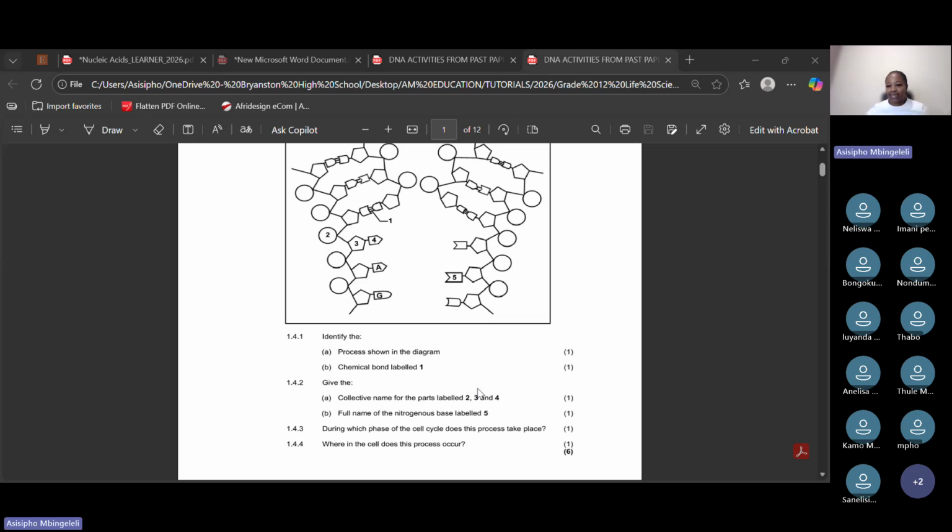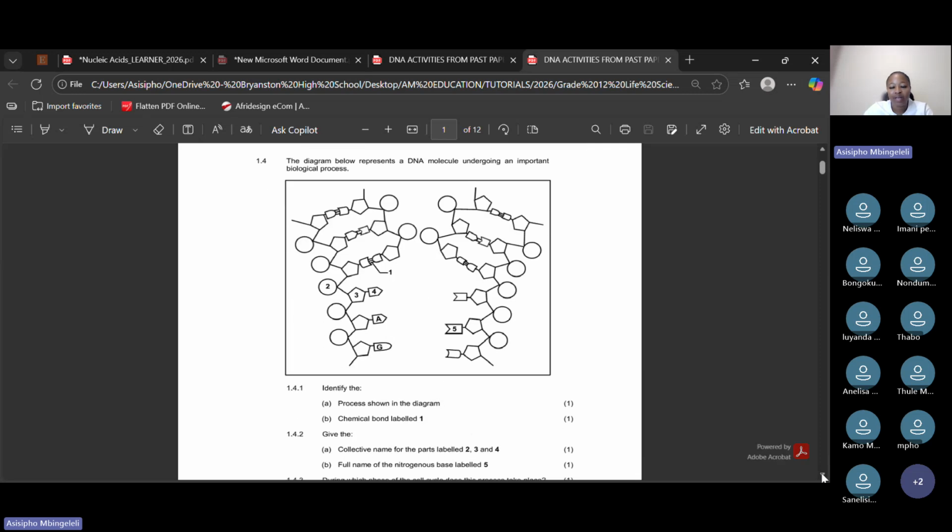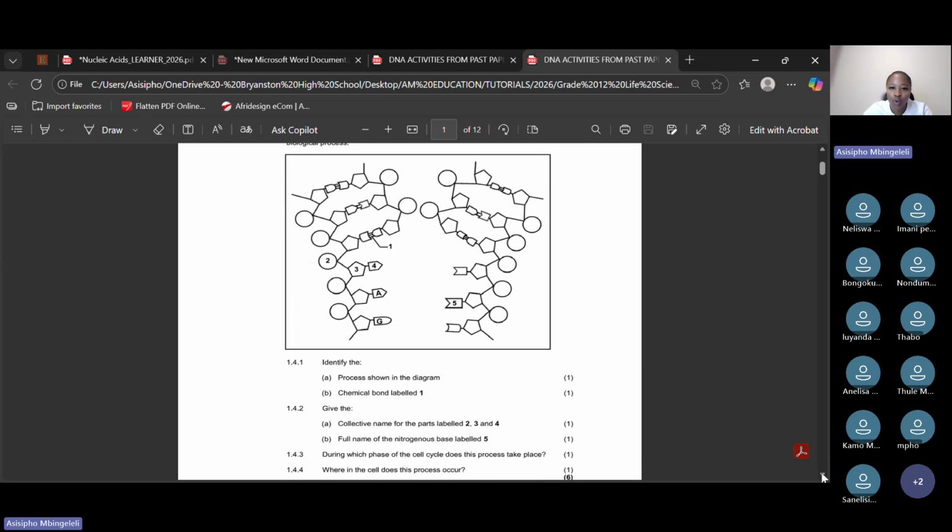Okay, let's mark, guys. This one is easy. I will even give you the answers. The diagram below represents a DNA molecule undergoing an important biological process. Identify the process shown. What is happening?